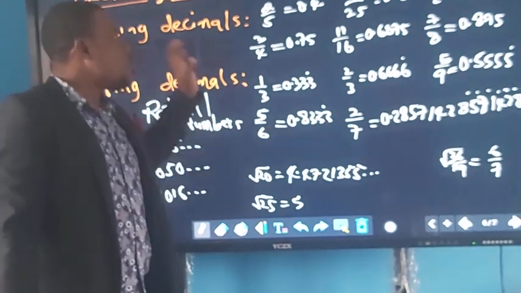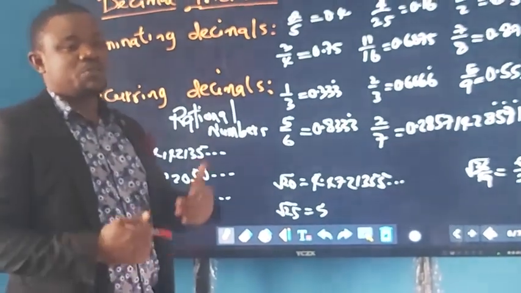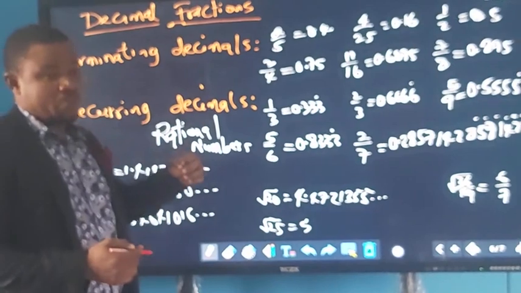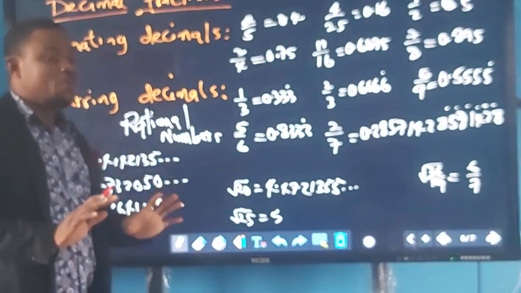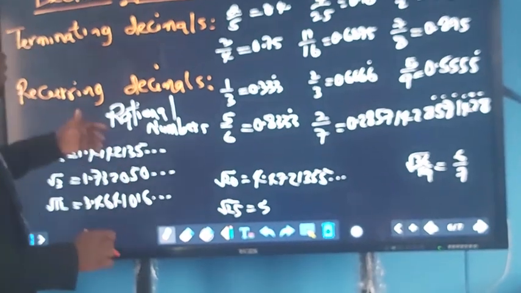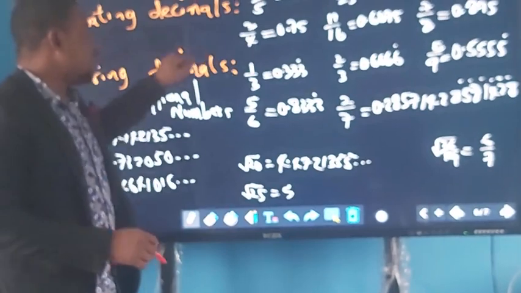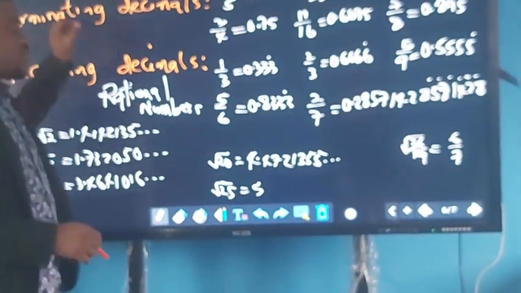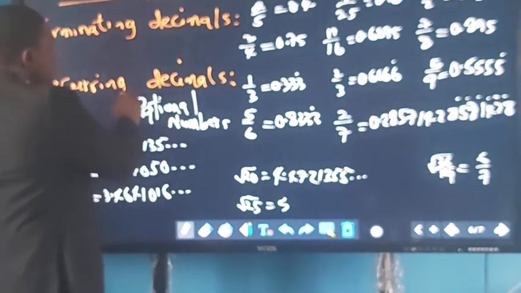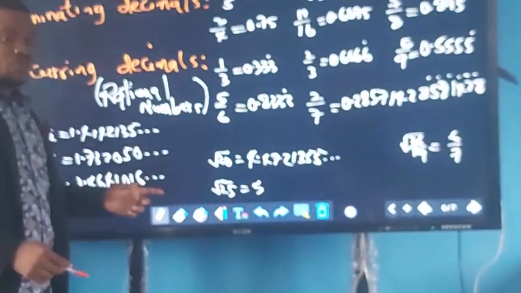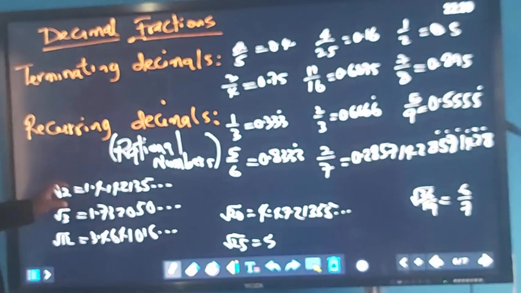Rational numbers are common fractions. They are numbers that can be expressed as a whole number over another whole number. So for you to know whether a value is a rational number, it will either be a terminating decimal or recurring. All terminating decimals and recurring decimals are rational numbers. Very important to take note of that. Is that okay?